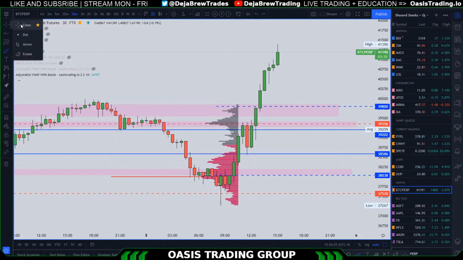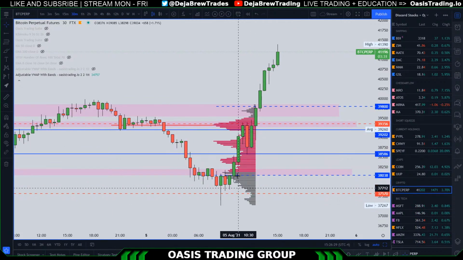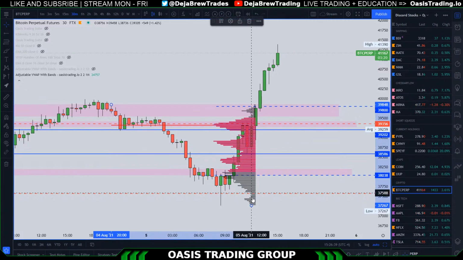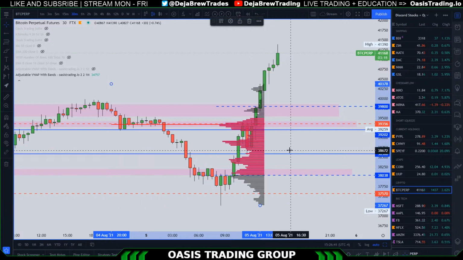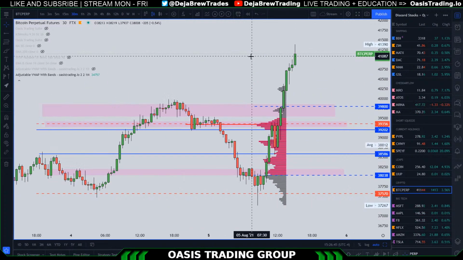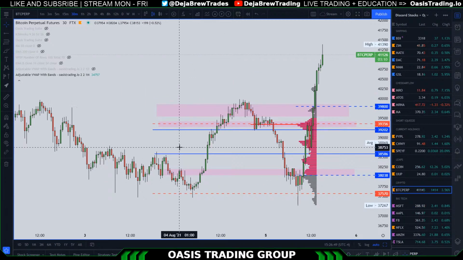Okay, so let's push the profile further. Now we're shifting the POC higher again. Once we break the value area high, that is very bullish, if we can hold outside of it, right? So we start to form a little node up here, and then we clearly use that node as support, and we push higher. So now moving forward throughout the day, we've already broken all of our resistance levels from the previous day.